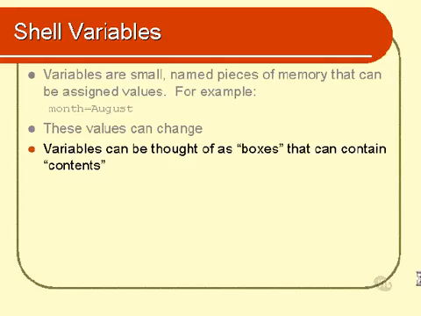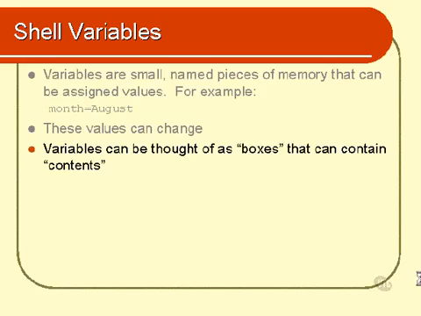The label is month, and we put things into the box. We put August into the box in this particular example. And if we ever decide to put a different value into the box, like July, then whatever was in the box before is lost, erased from memory, if you like. The name of the variable that you can see on your screen is month.